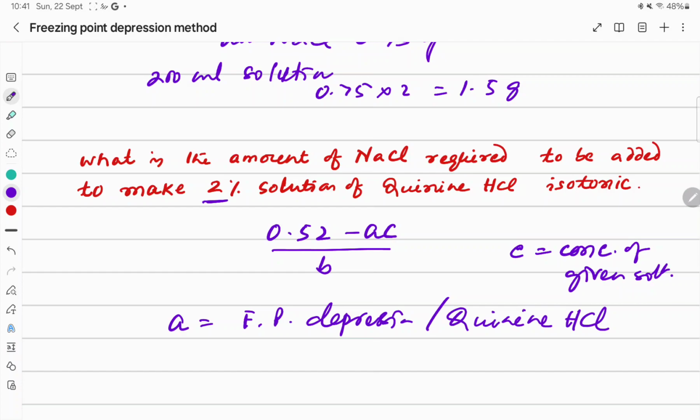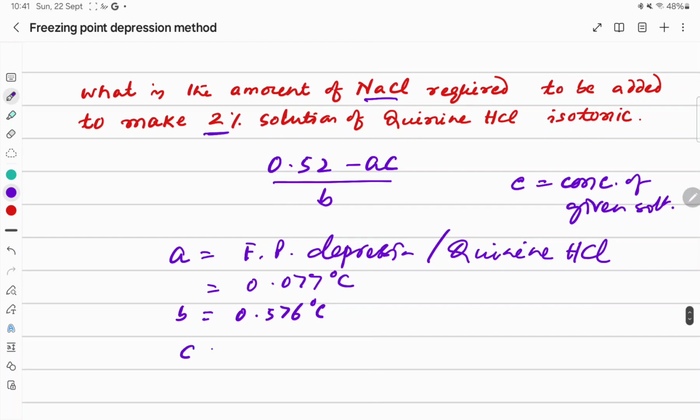that is 0.077 degrees Celsius. And B is, since we want to add sodium chloride, the freezing point depression caused by 1% weight by volume sodium chloride, which is 0.576 degrees Celsius.